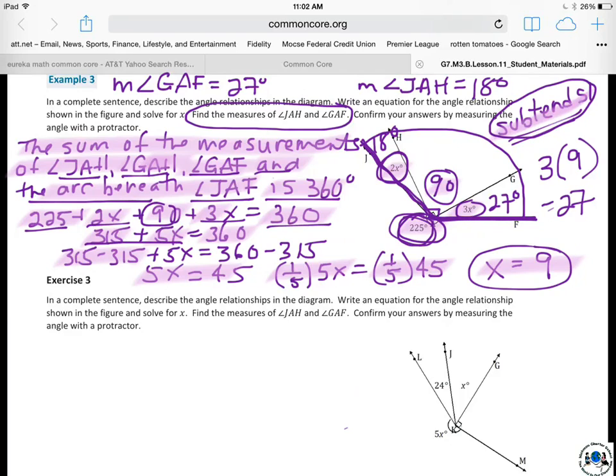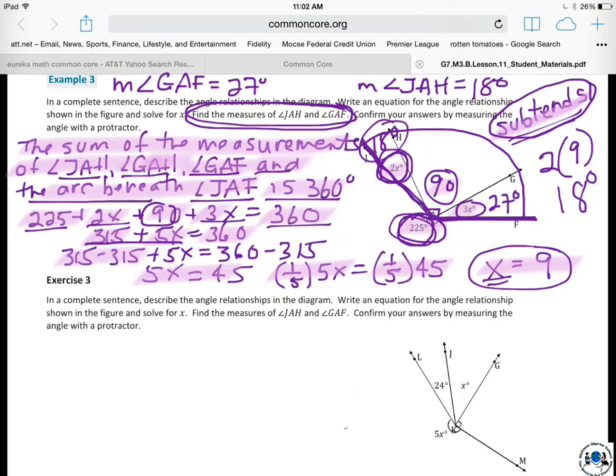So x equals 9 is not the answer, because they want us to actually find the measures of angle JAH and GAF. The way we do that is by plugging our solution, 9, into the 2x. If JAH is 2x, that means it's 2 times 9, which is 18 degrees.